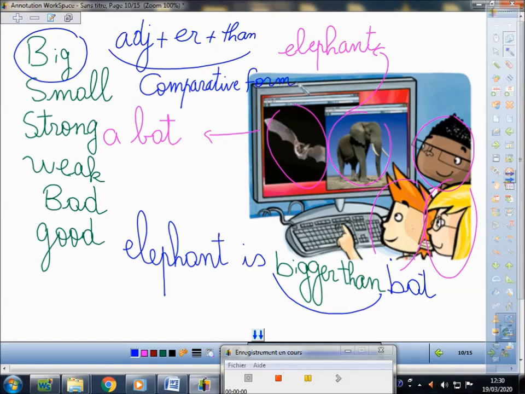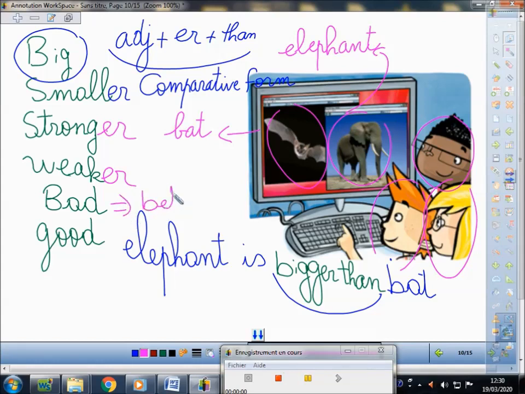In some adjectives, they need just er, like small, smaller, strong, stronger. Weak, weaker. Bad, we're not going to say badder, but we are going to say worse.